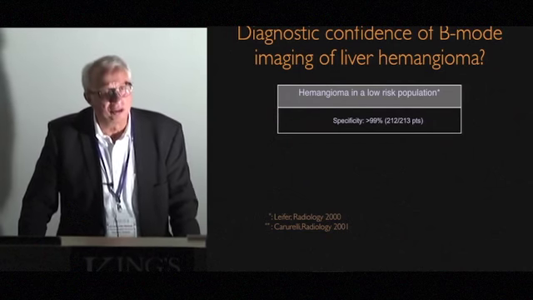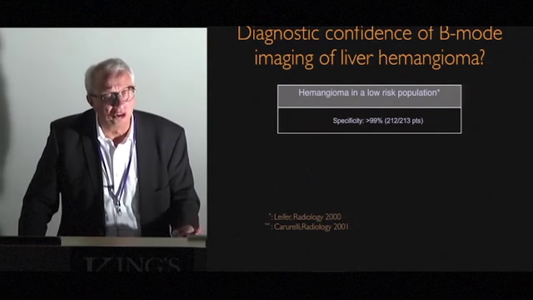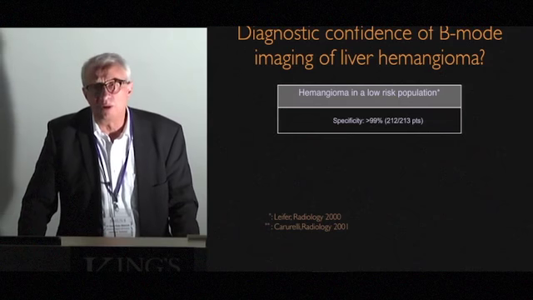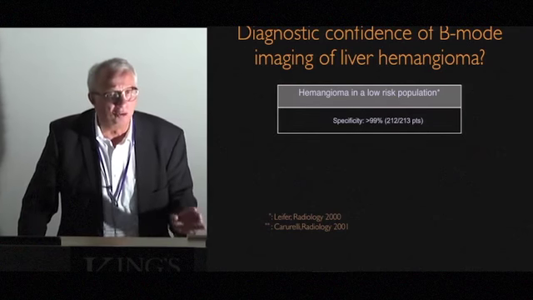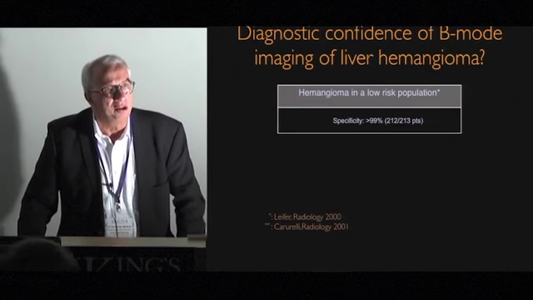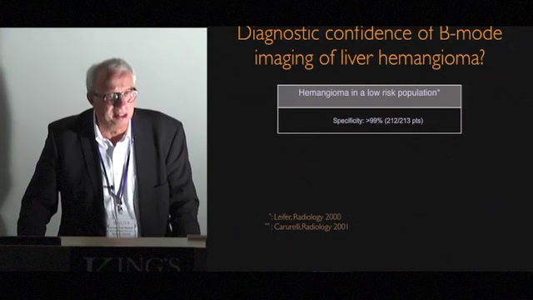So healthy patients, an incidental finding of a hemangioma that looks typical, with no laboratory findings that point to another disease. If you find in a healthy subject a lesion that looks like a hemangioma, it is a hemangioma.